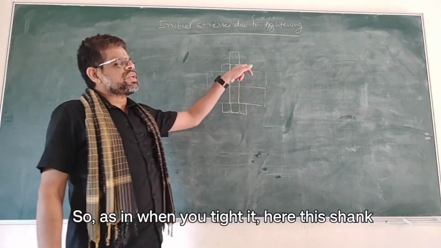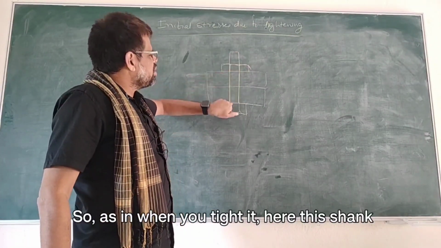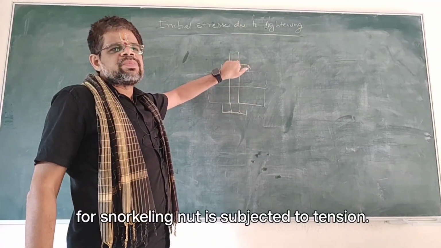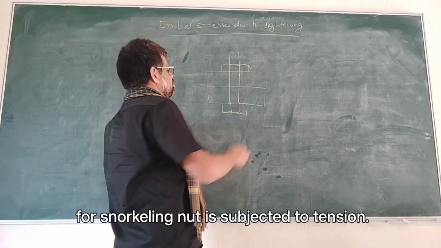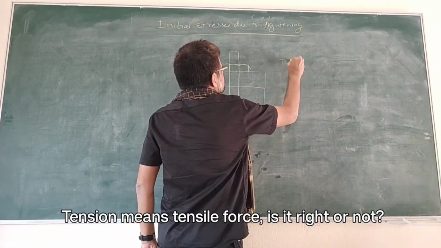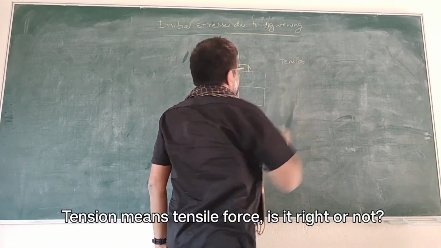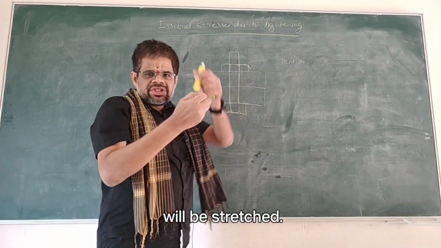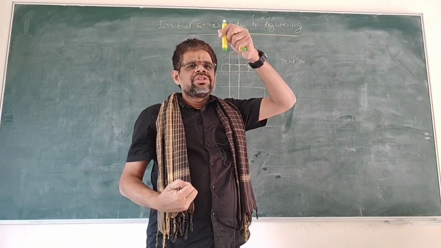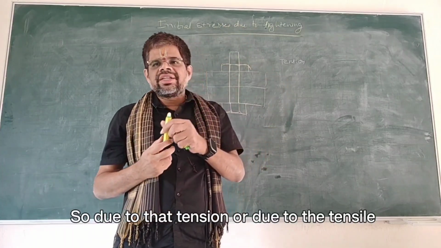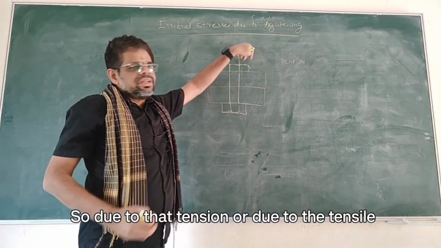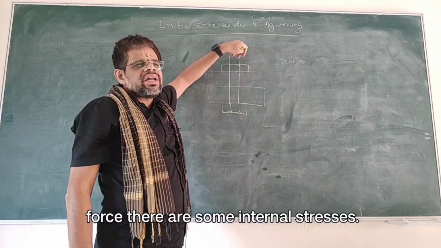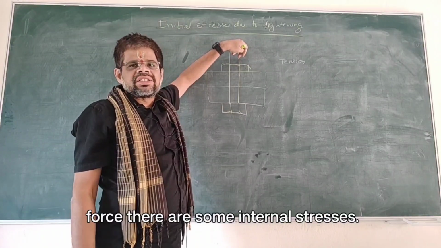So as and when you tighten it, the shank portion of the bolt is subjected to tension. Tension means tensile force. Is it right or not? When you are tightening it, this bolt will be stretched. So due to that tensile force, there are some internal stresses.